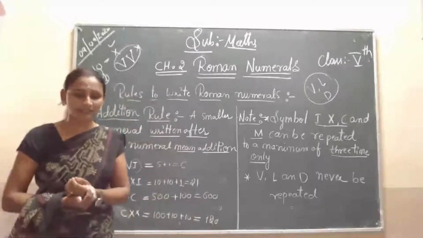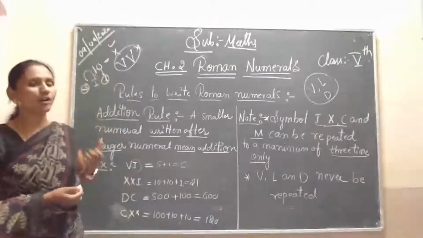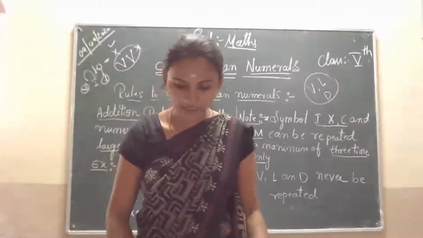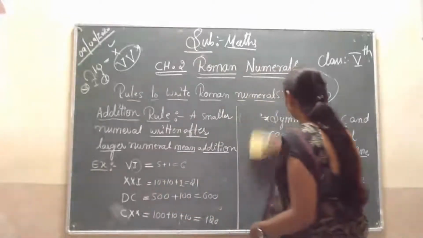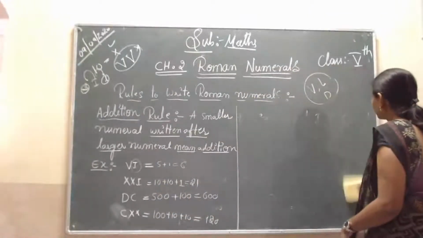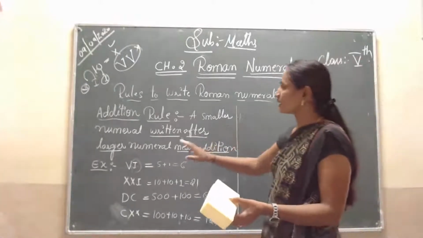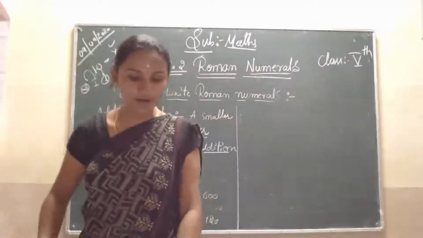So next, students, you don't forget. Next, I will explain the rule of subtraction. That is the rule of subtraction, students. In the same definition, here a smaller numeral is written before a larger numeral.